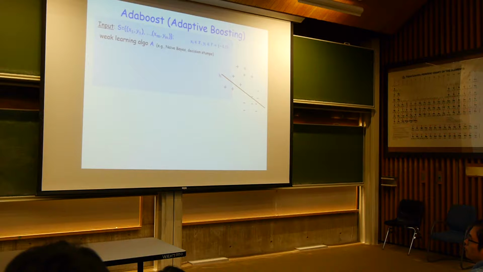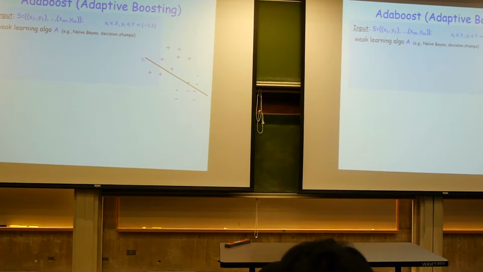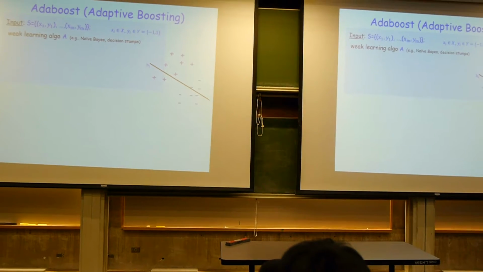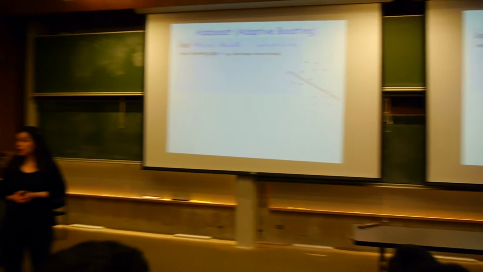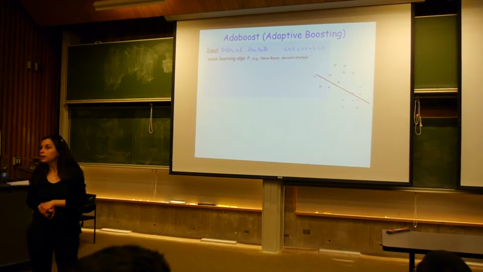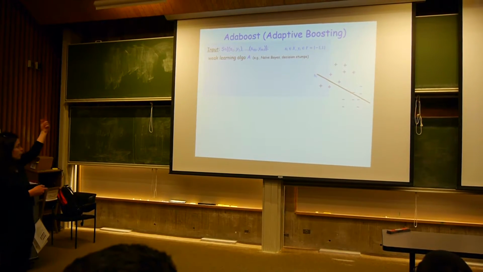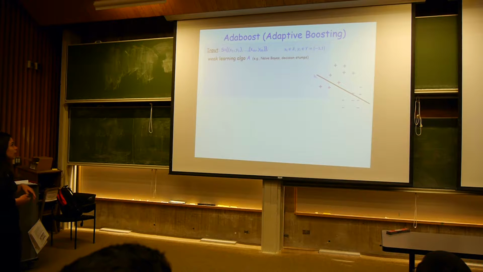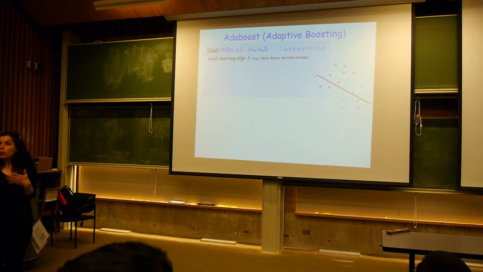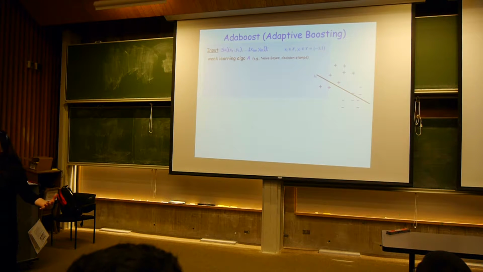So we also have as input a procedure, an algorithm that is able to produce weak learners or rules of thumb. Right? So this could be, for example, naive Bayes, or it could be some procedure that produces decision stumps, which are very simple classifiers. Okay, so the input to the algorithm is basically a set of labeled training examples and a weak learning procedure. And then the output of the algorithm should somehow be a very accurate classifier, right? As accurate as you want it to be.